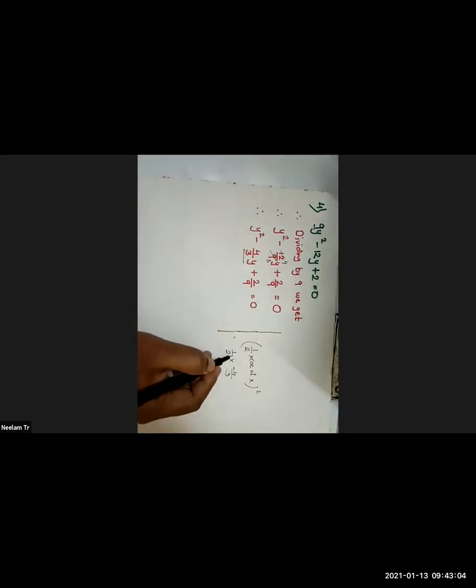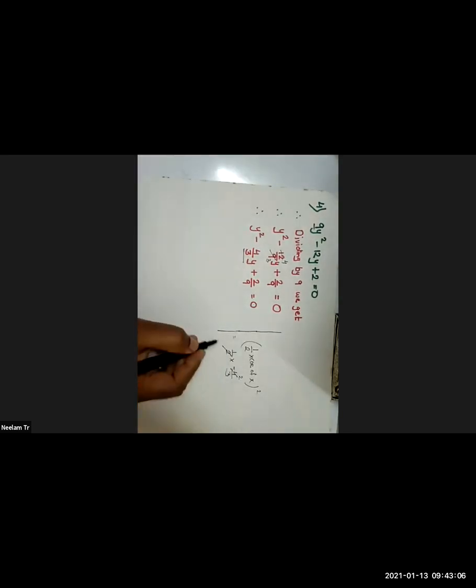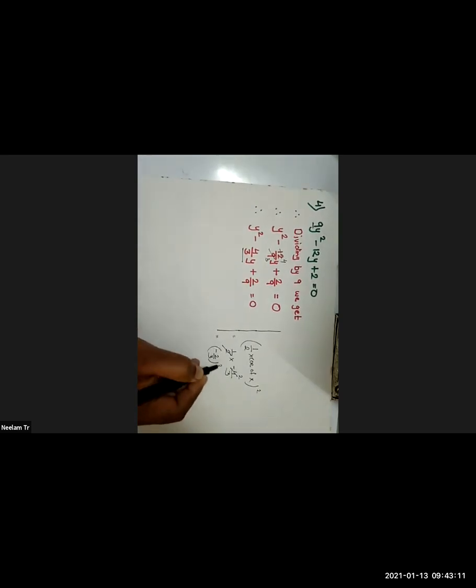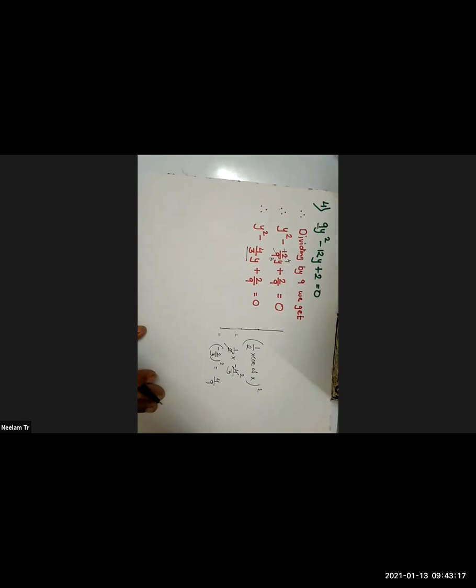This will get cancelled. 2 1s are 2, 2 2s are. What you got? Minus 2 by 3. The whole square. That is your 4 by 9. This much is clear? 4 by 9. Now, what you are going to add here?